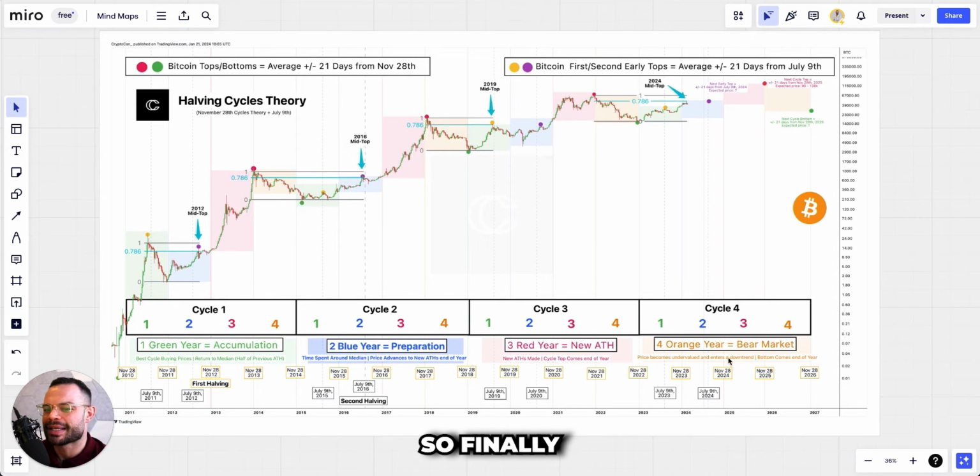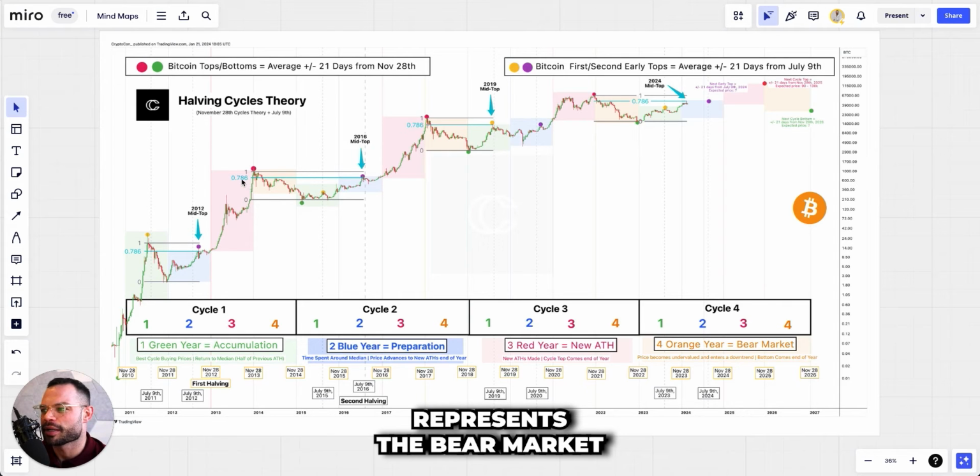So finally, the orange year in this 4-year cycle represents the bear market. Naturally, after we have this bull market new all-time high, there has to be a cool-off period. So we have the orange year, which is the year after the new all-time high, and typically 2 years after the year that the halving event occurred.